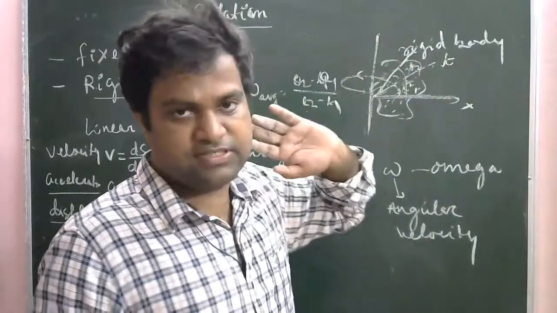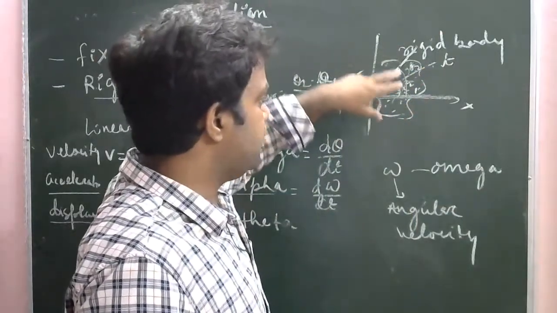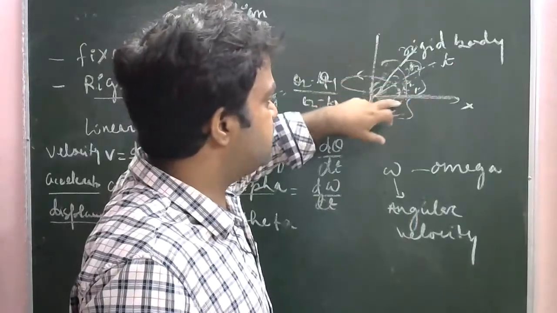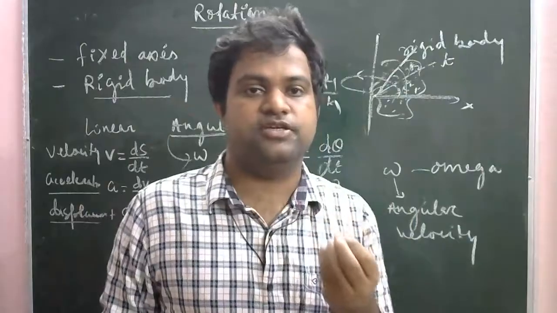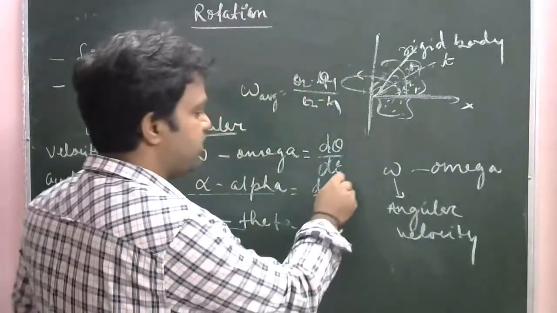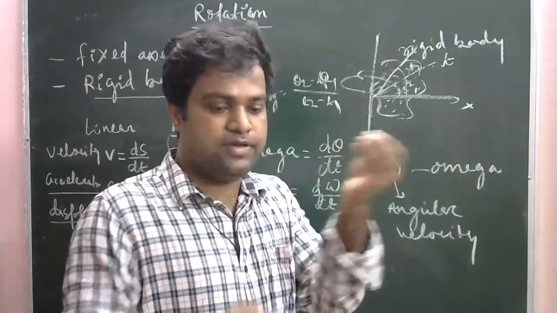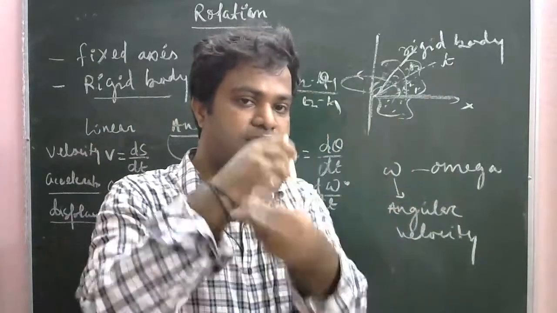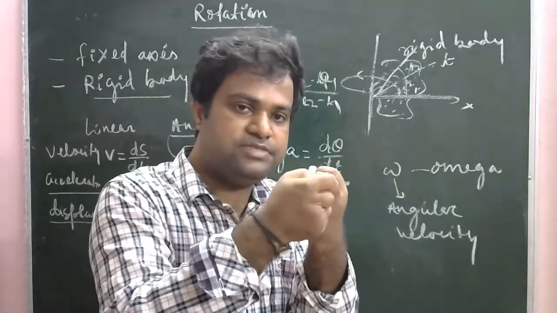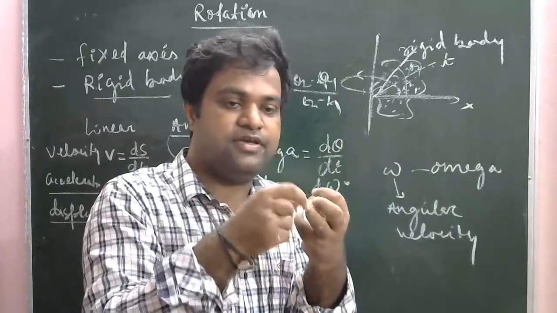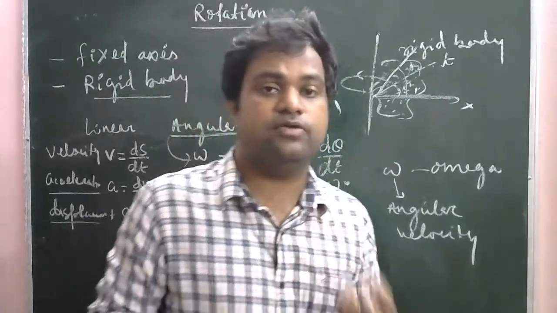Suppose the fixed axis is any axis which passes through the object. Each particle of the object will also move with the same angular velocity omega. If the whole object is revolving about this axis with omega, then, as it is a rigid body, each particle of the object will move with the same angular velocity.